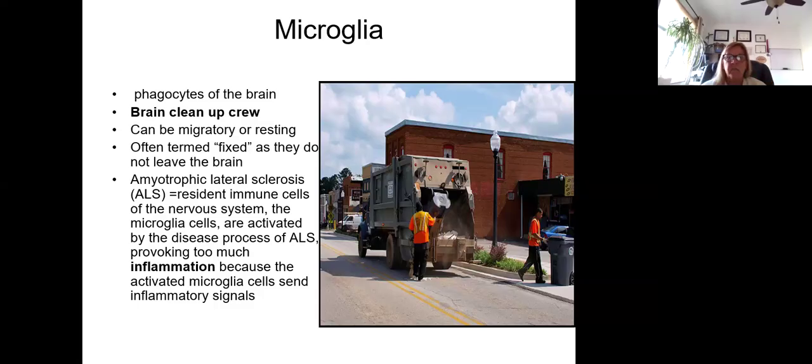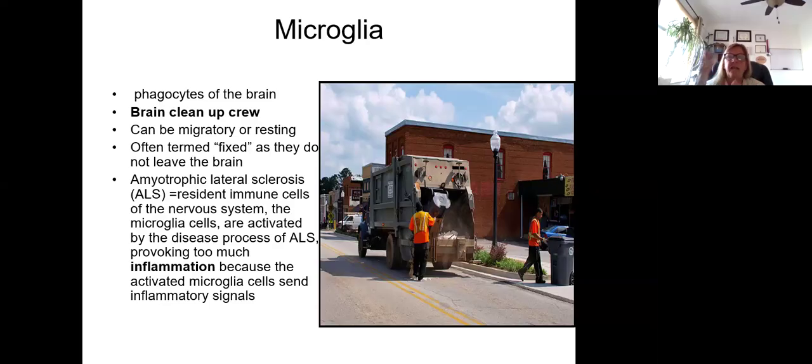When they say they're fixed, it means they do not leave the brain. They are fixed within the brain, but yet they are phagocytes, so they do move about. Just keep in mind, they can move around and clean up like any phagocyte can, but microglia are specific phagocytes to the brain and they do not leave the brain.